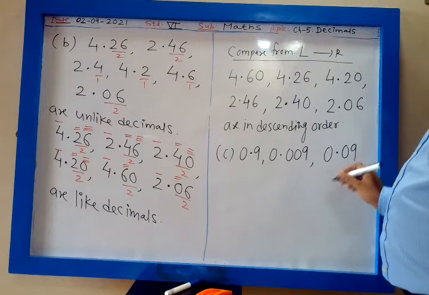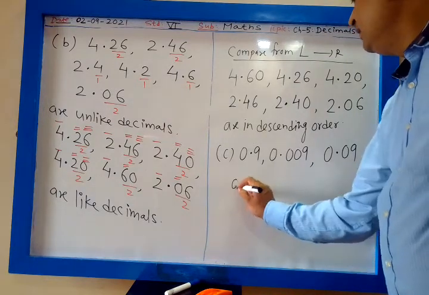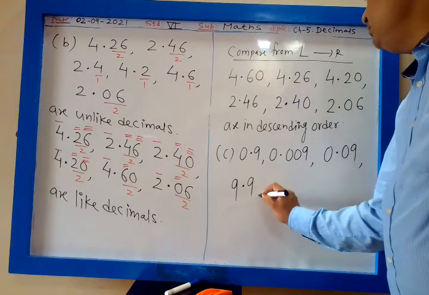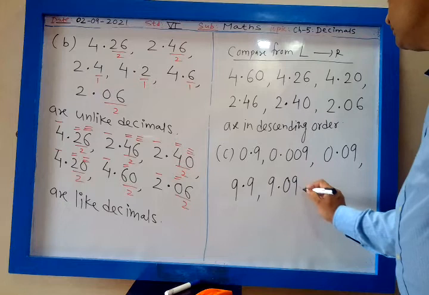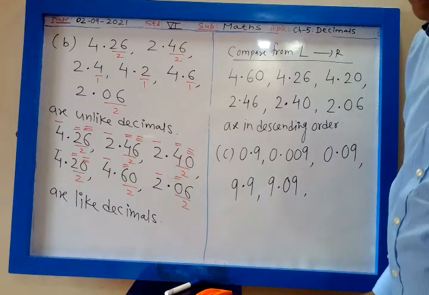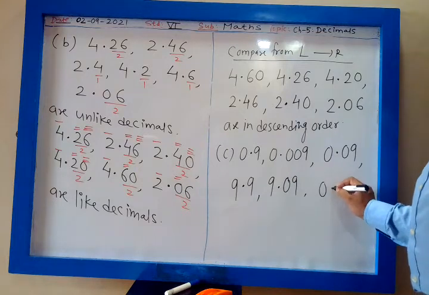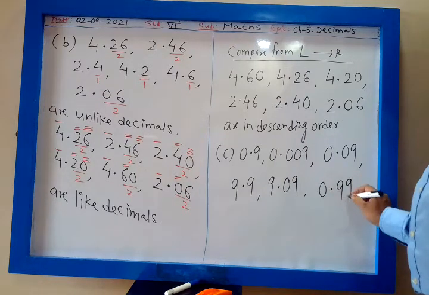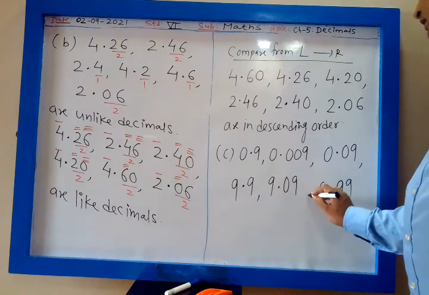Then 9.9, 9.09, then 0.9, 0.99. Let us see what it comes.